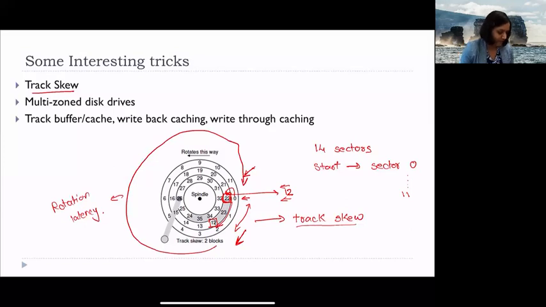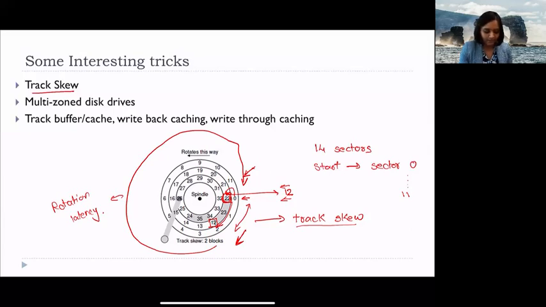The second interesting concept is multi-zoned disk drives. Now, if you see in this diagram, there are 11 sectors in the outermost track, as well as 11 sectors in the innermost track, and in all three tracks.